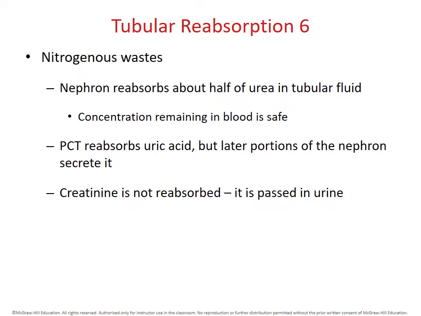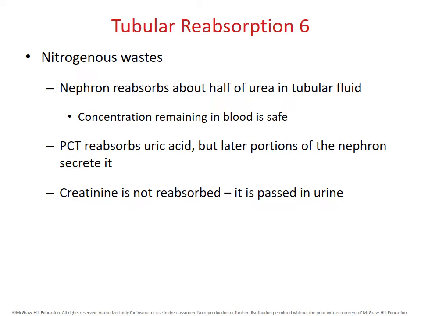And some people are surprised that it's only half. So that means a fair amount of urea remains in the blood, but that's a normal, safe level of urea. The body can tolerate that much urea in the blood, so we only actually need to remove about half of it to maintain safe conditions.